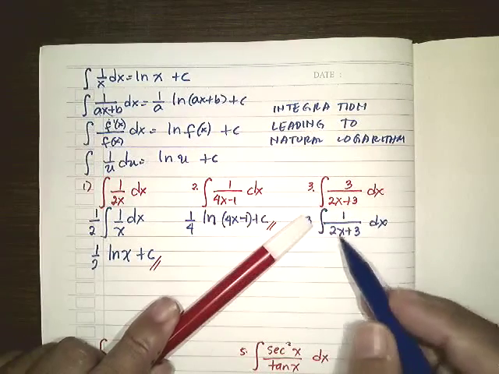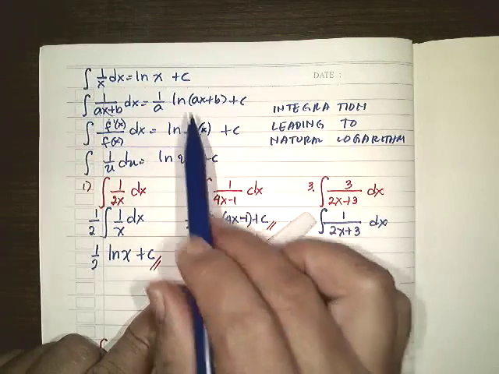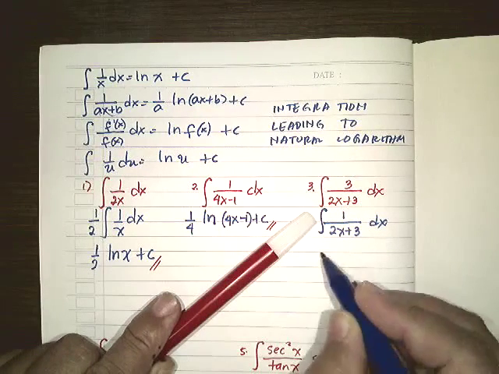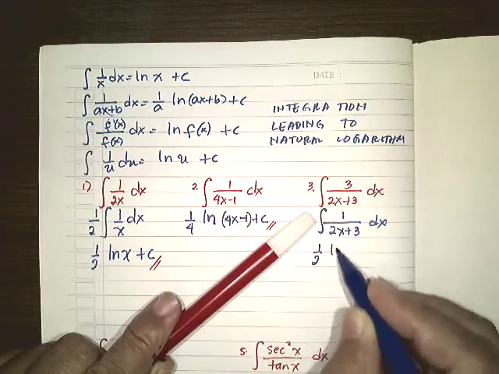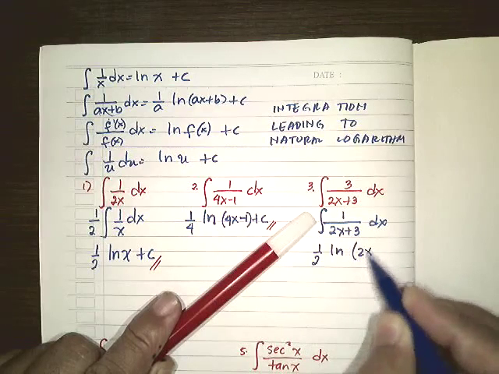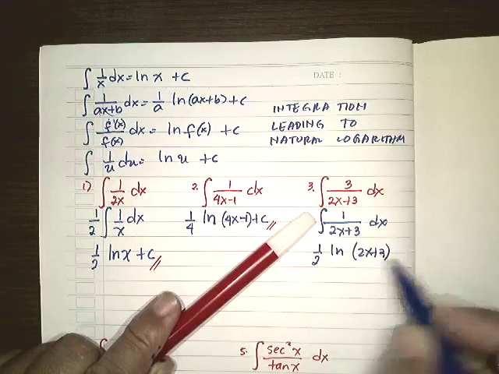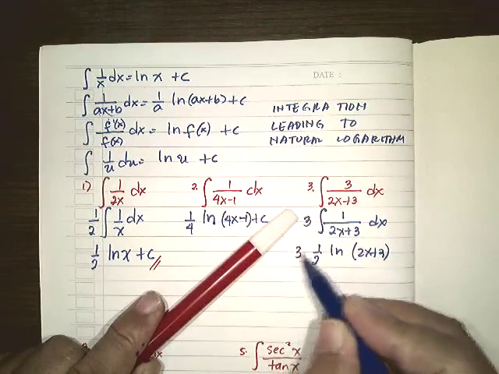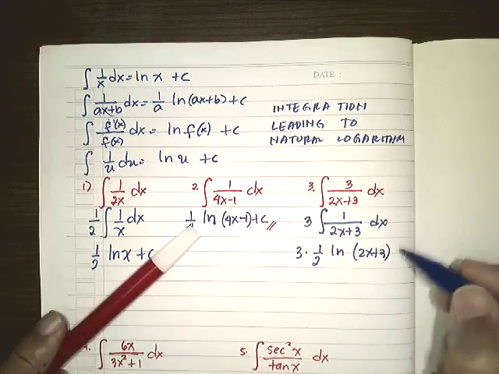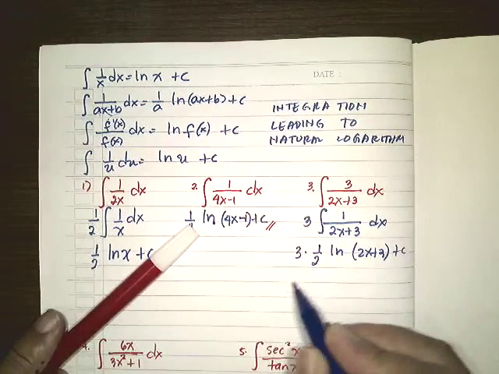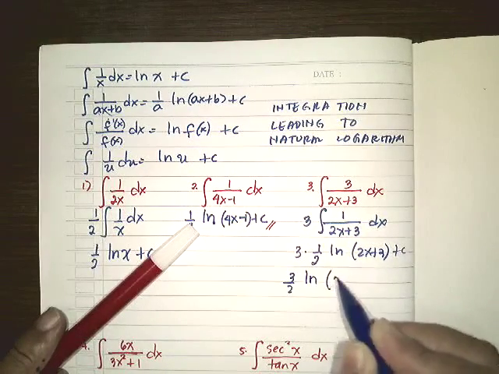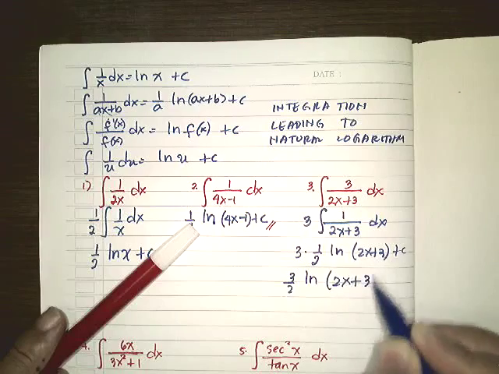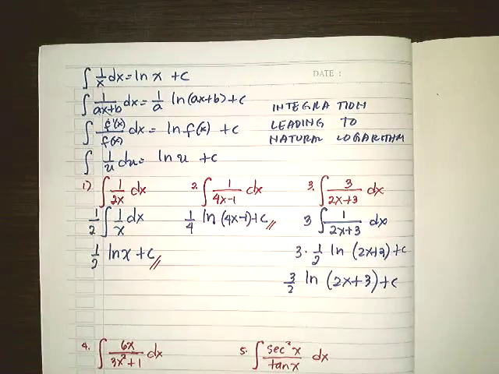Let's find the integral of this using formula number 2. That is 1 over 2, this 1 over a, natural logarithm of 2x plus 3. Then you multiply this by 3, and then you simply add plus c. So the final answer is 3 over 2 natural logarithm of 2x plus 3 plus c.